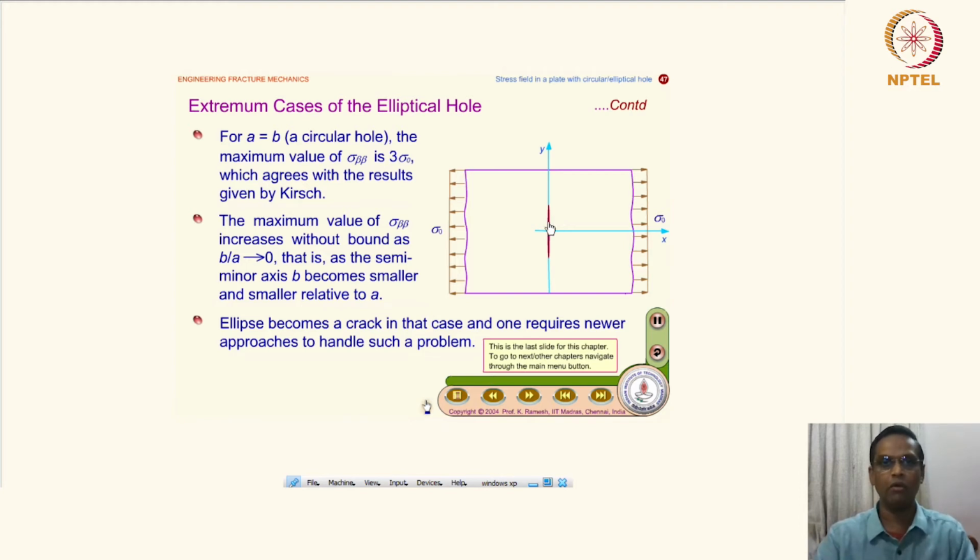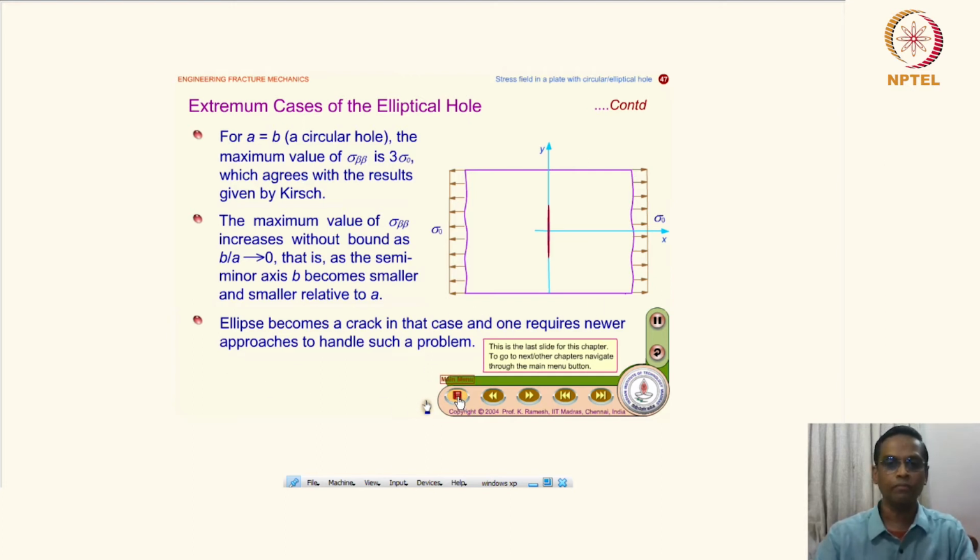That is close to reality. So this English solution gave a very good alertness about the stress concentration at the crack tip, but it is not practically applicable. That is why a newer approach is mandatory.